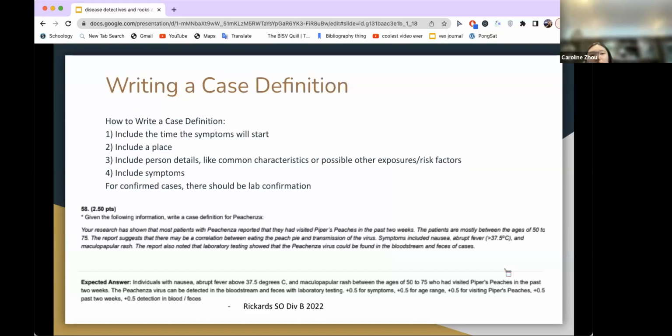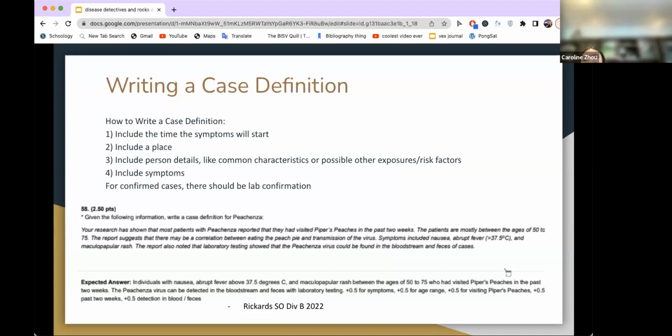So here I have an example problem. It was from 2022, Division B. The problem says, your research has shown that most patients with Piacenza reported that they had visited Piper's Peaches in the past 2 weeks. The patients are mostly between the ages of 50 to 75. The report suggests that there may be a correlation between eating the peach pie and transmission of the virus.